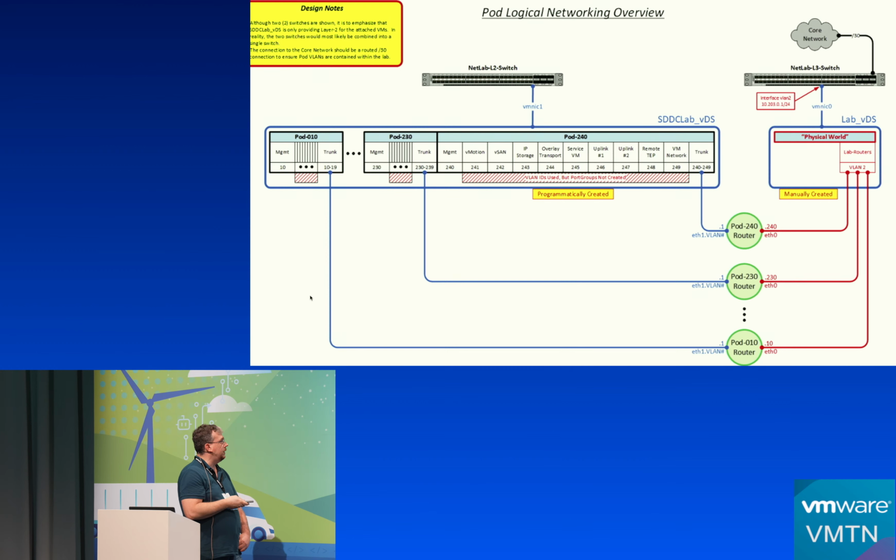In this diagram, we have both a layer 3 switch and a layer 2 switch. Obviously, you could collapse that into just the layer 3 switch if you have enough ports, or a switch that can handle routing. And then you would have all the VLANs for all the different pods created in that switch. So this is the core networking part of how you handle the physical and virtual networking, so to say.